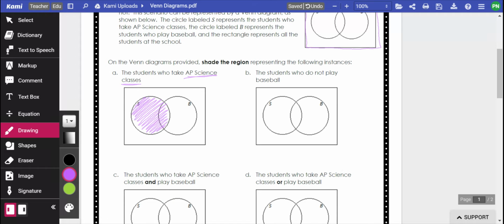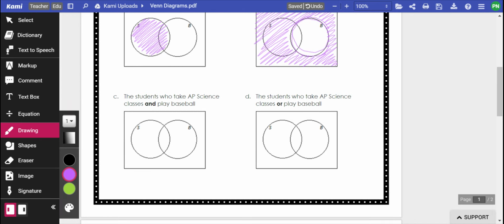So baseball is my circle here. So if I want people who do not play it, I want to shade everything outside of the baseball circle within the universe. Again, our universe is just this rectangle piece. So the only thing that should be not shaded is the baseball circle.